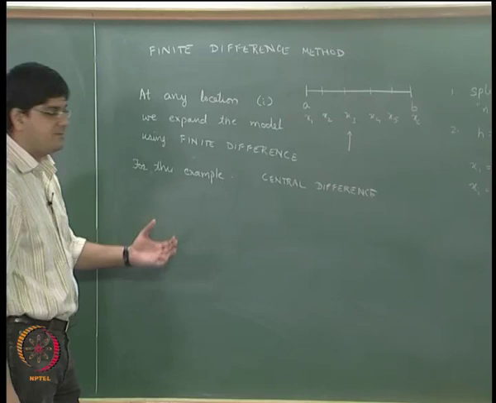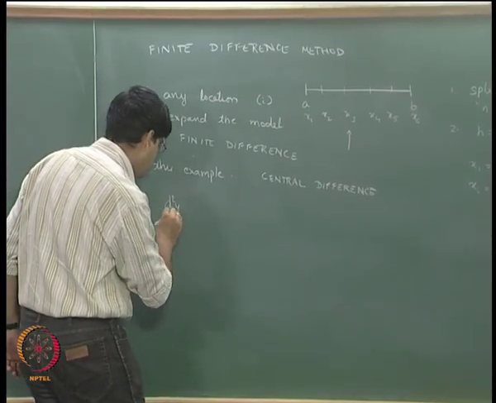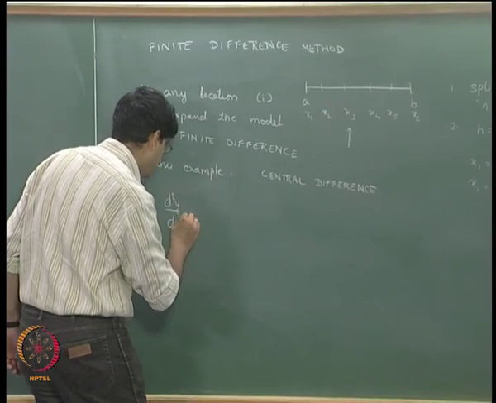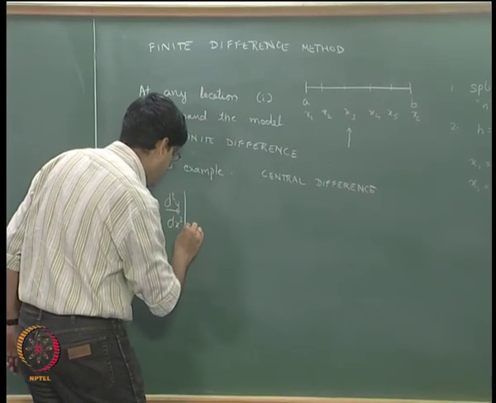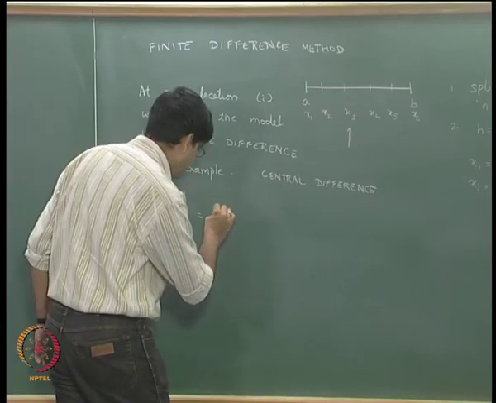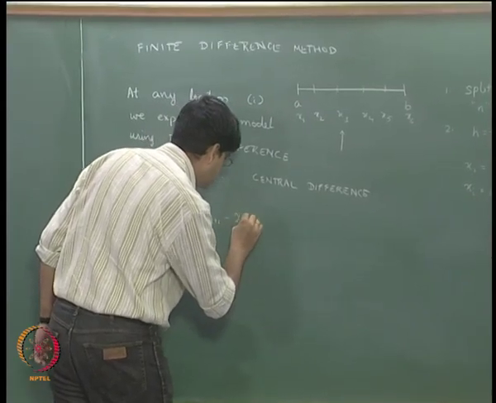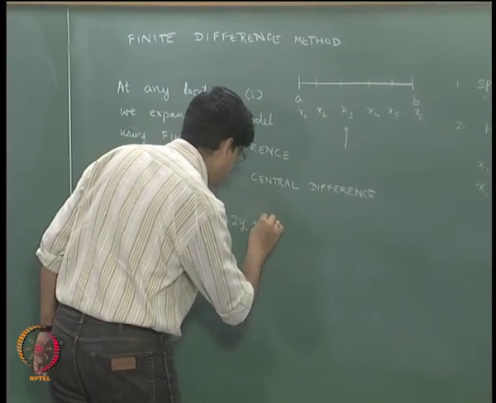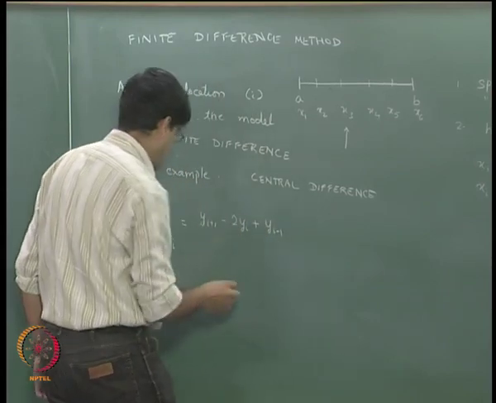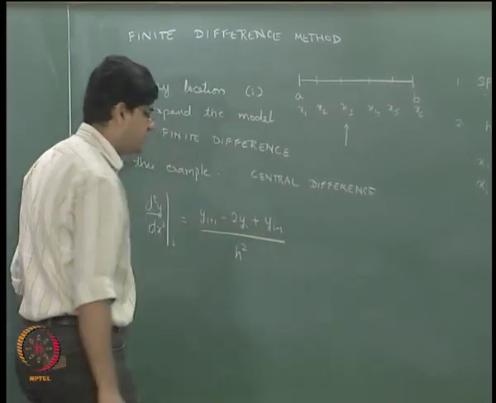What we mean by using the central difference formula is our d square y by dx square at location i will be written as y i plus 1 minus 2 yi plus y i minus 1 divided by h squared.